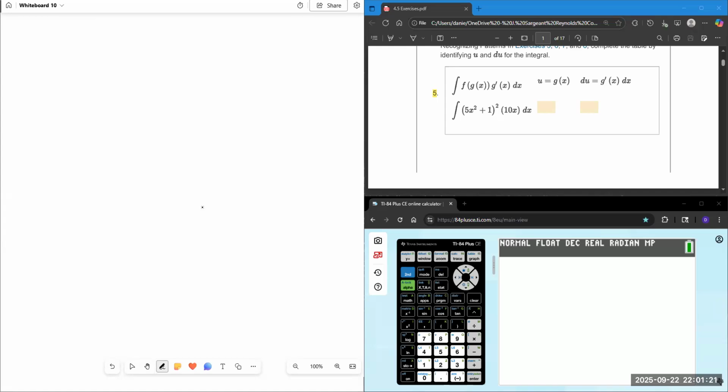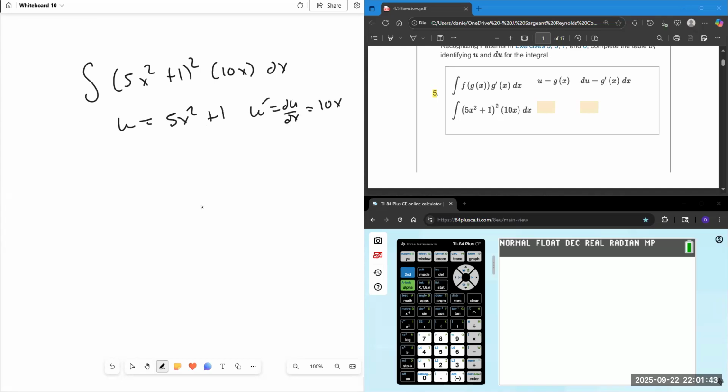So in the integral of (5x squared plus 1) squared times 10x dx, my u is going to have to be my inner function, 5x squared plus 1. du dx, or u prime, is 10x, so that makes du equal to 10x dx. And so that was number 5.